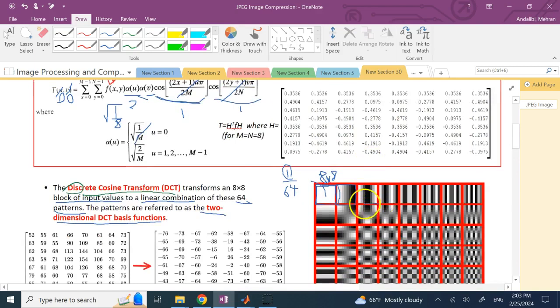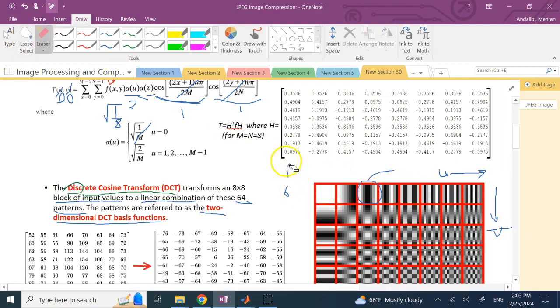But when you come here, let's say this window, what do you have? If u is for this direction and v is for this direction, then remember that this guy was u of 0, v of 0. But this one is u of 2 and v of 0.